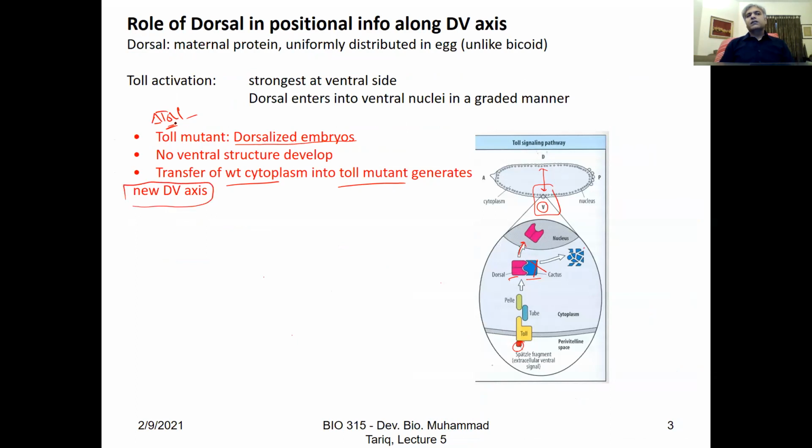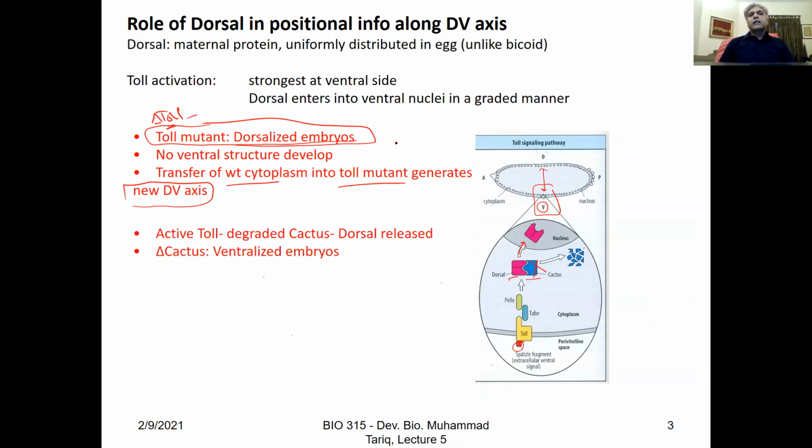Okay. So just like we were transferring the cytoplasm carrying bicoid, if you transfer toll, you can have new dorsal ventral axis here. And if you have active toll, we already know it degrades cactus, moves dorsal into the nucleus.